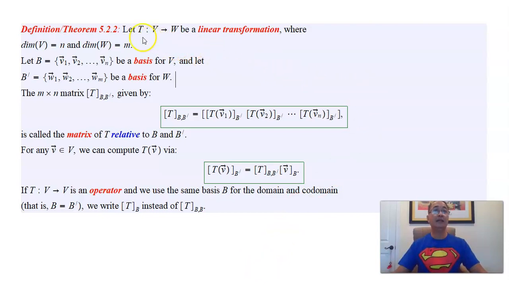So suppose that T is a linear transformation from V to W, and the dimension of the domain V is n, and the dimension of W, the codomain, is m.